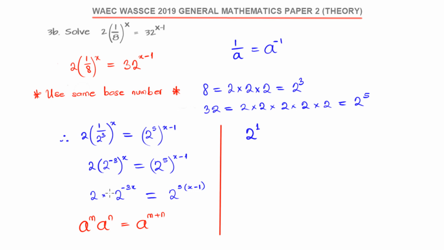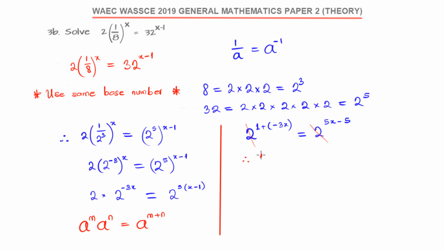Then the first one, the power is 1. Then the second one, the power is minus 3x. So we don't want to leave out the negative sign. It is minus 3x. Then in the second place, we can open the bracket to be 5 raised to the power x minus 5.